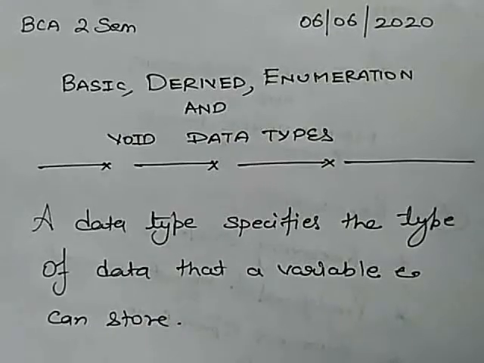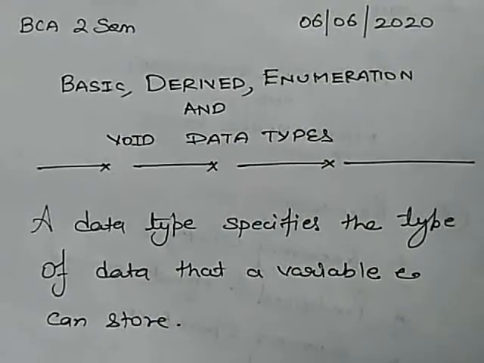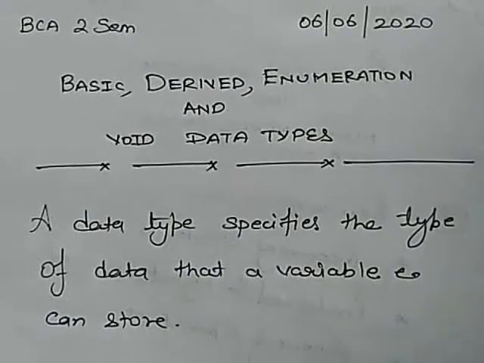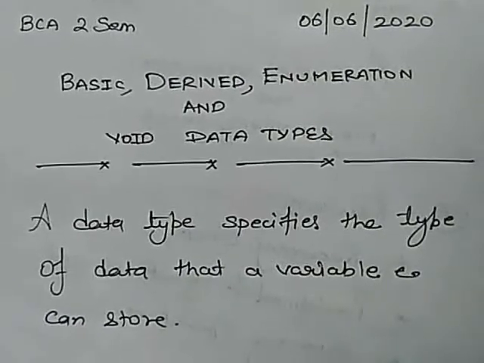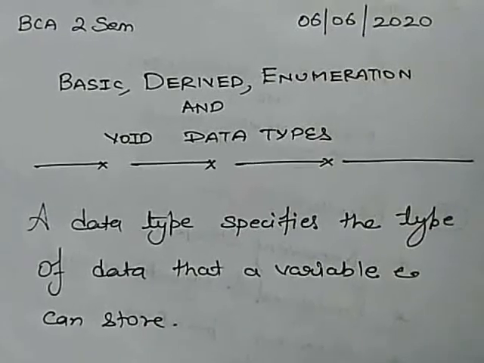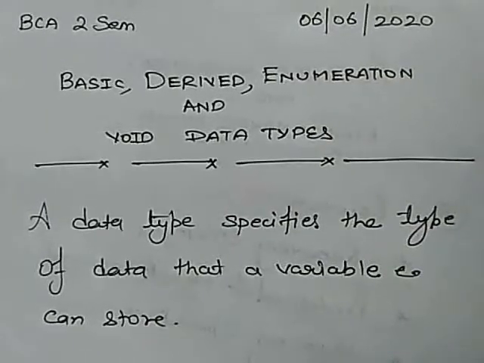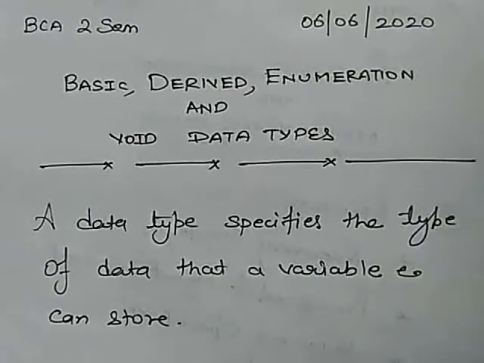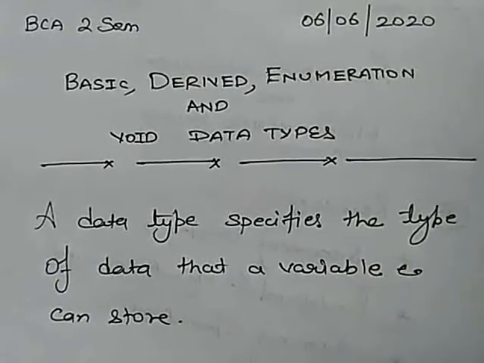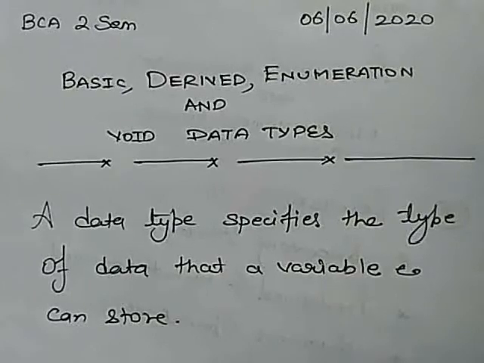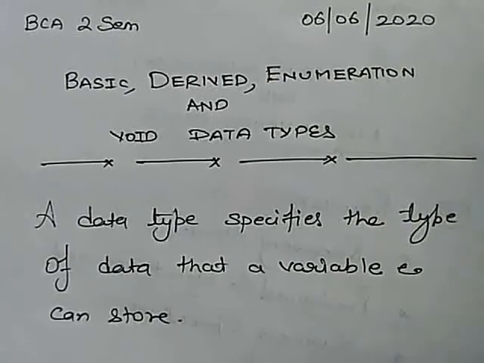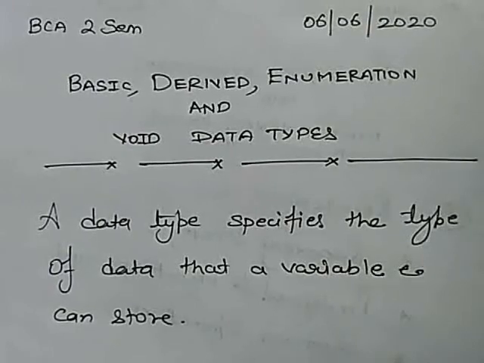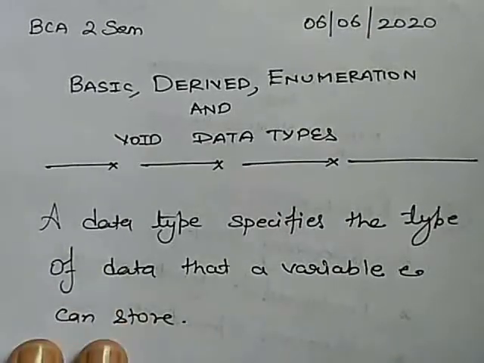Now, in short form, we can say that a data type provides two things. Number one, the type of the data. It means whether it belongs to integer, whether it belongs to character, float, double, etc. And second one is the memory of the data type, the amount of memory a data type can take.